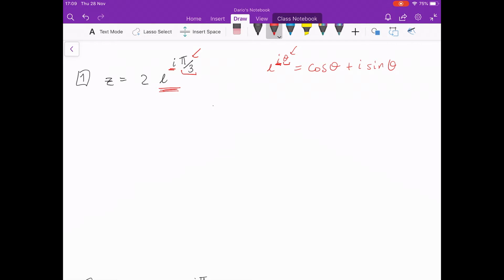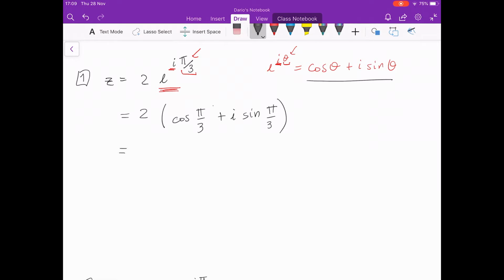So in our case, we can simply leave 2 as the modulus for a moment, and then write down within brackets e^(iπ/3) as cosine theta, which is π/3, plus i sine of theta, which is π/3.